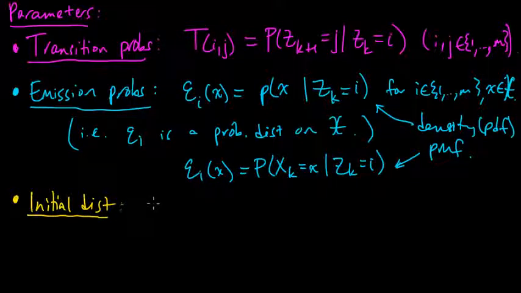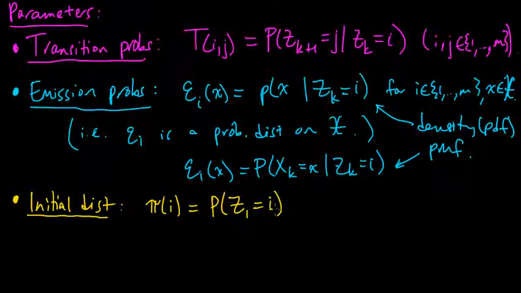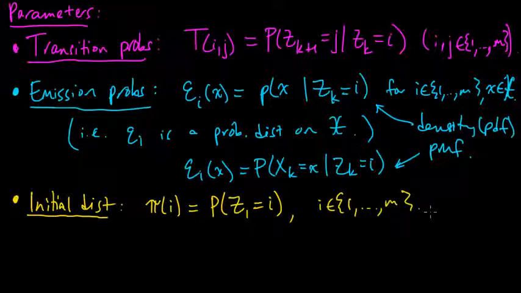Let's call it pi of i. This is a convention; people often use pi for the initial distribution. That's the probability that z_1 equals the value i, and it has to be a PMF over the values 1 to m.